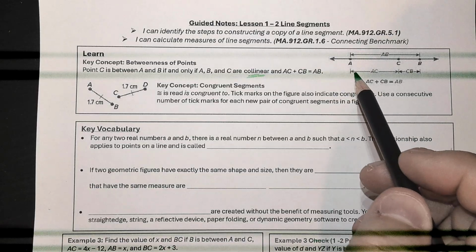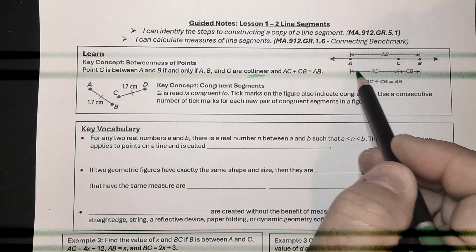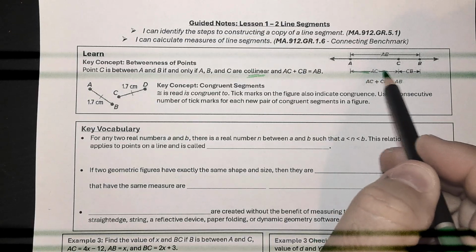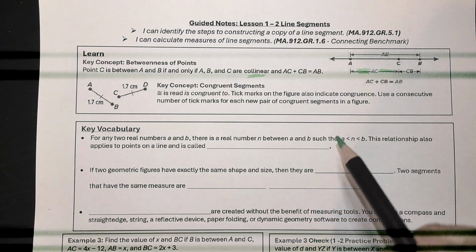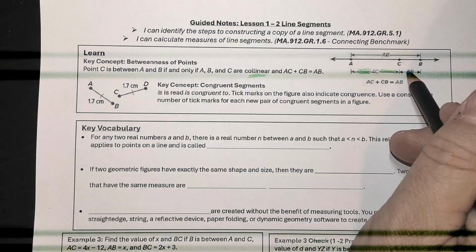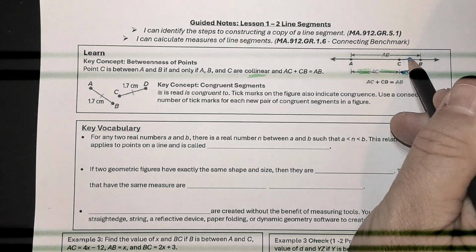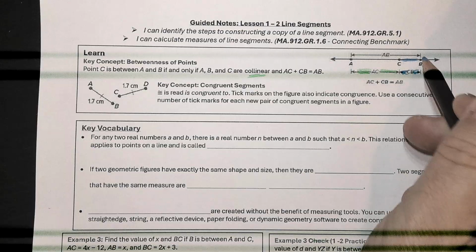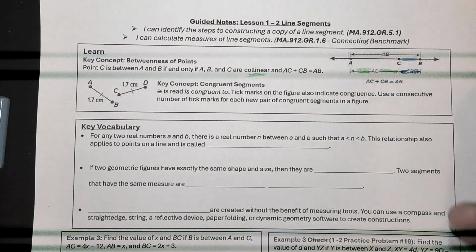And AC, so this section, I'm going to make it green. Make it a little easier to see. That AC plus CB, so we're going to make this blue. Equals AB. AB we're going to make green.